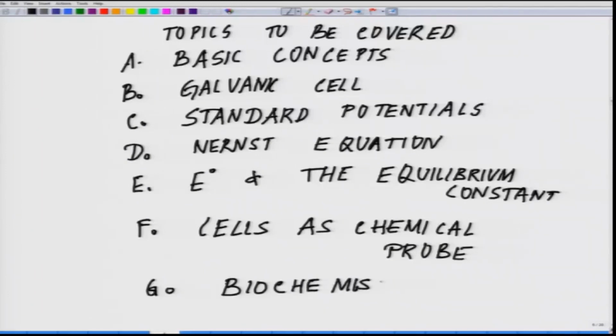The Nernst equation has been translated especially for biological application, and that is exactly where we will be talking about E0 prime. We will talk about the relevance of this, the hydrogen electrode, and the pH meter.